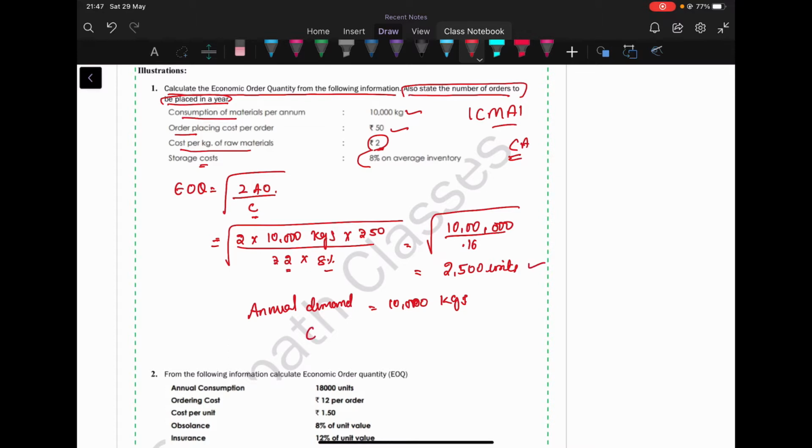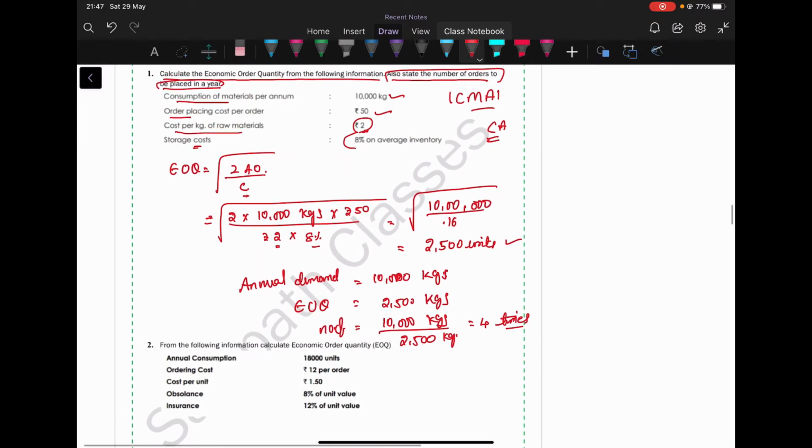So that is the EOQ, 2,500 units or 2,500 kgs. So I can say number of times we are placing an order: 10,000 units we require for the entire year, and every time we are placing the request for 2,500 units or kgs. So I can say 4 times in a year we will be placing a request for the inputs, that is the material, right?